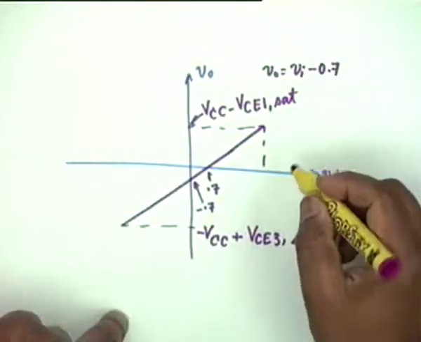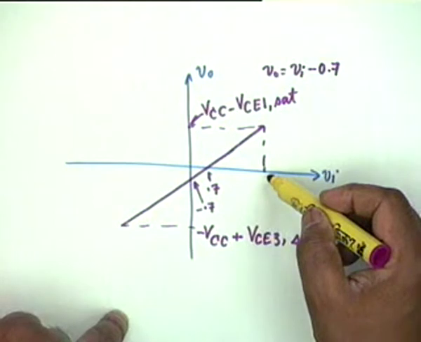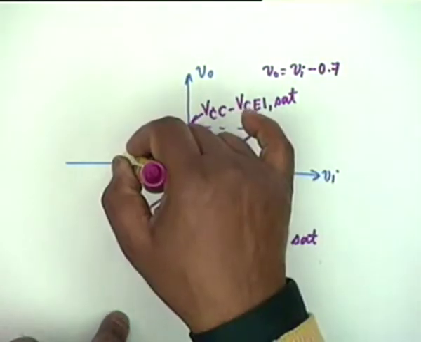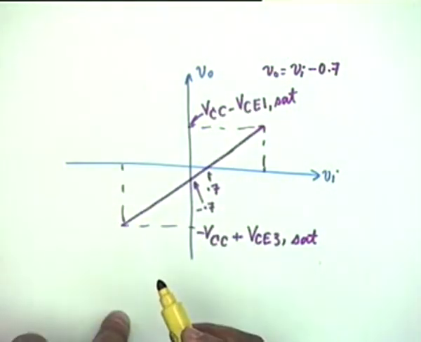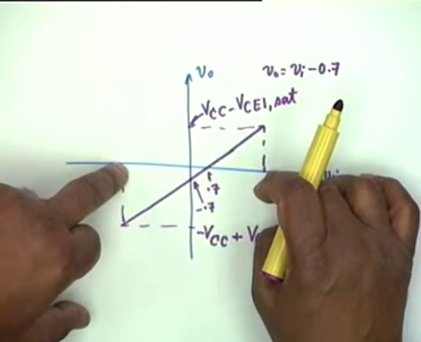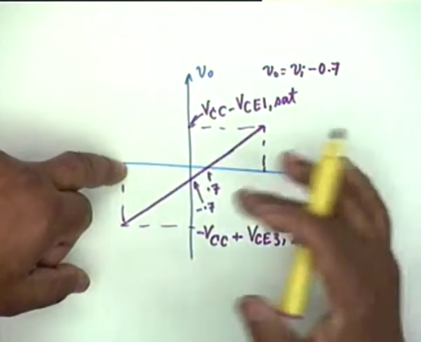Your input voltage, what is the input here? Input voltage is this plus 0.7. Similarly, this voltage would be this plus 0.7. Okay. So the input voltage must not exceed these two values, either on the positive side or on the negative side.